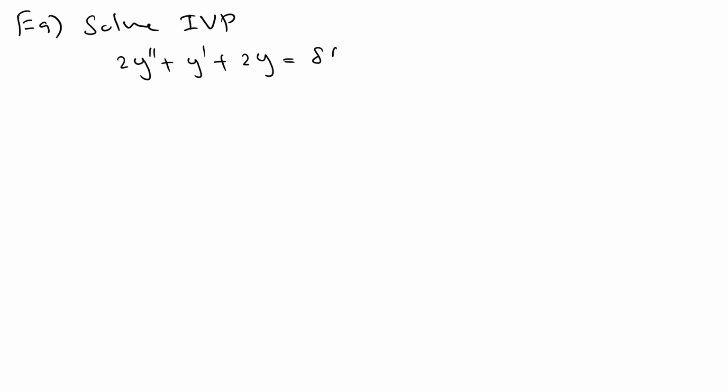Example number 2. Let's say, solve the initial value problem: 2y double prime plus y prime plus 2y equals delta of t minus 5, along with y(0) equals 0, y prime(0) equals 0.